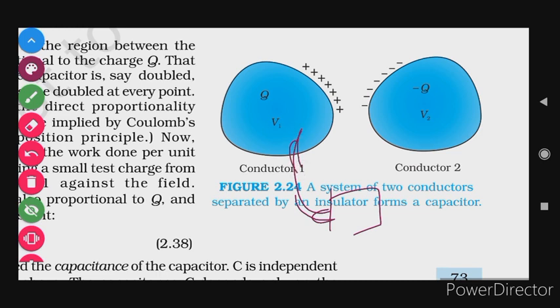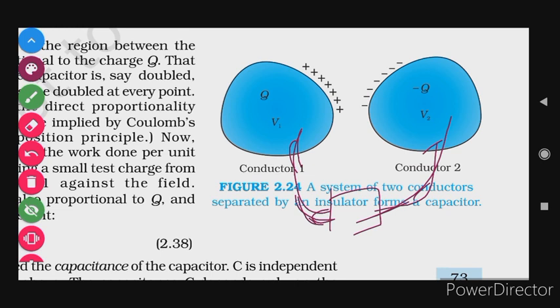Similarly, as the battery pushes more and more charge, it has to do a certain amount of work. Similarly, here the negative charge has been stored. So in charging these two conductors, the battery has done certain work, and that work has been stored in the form of energy.